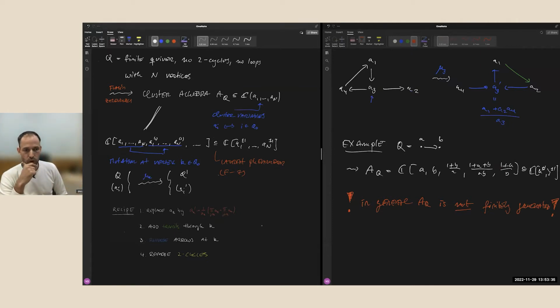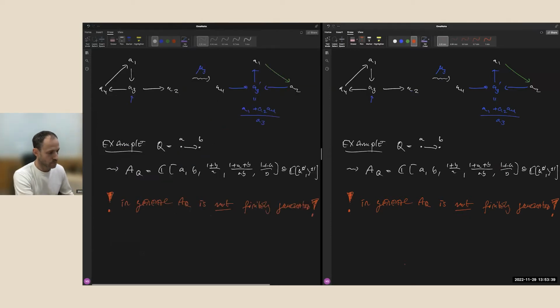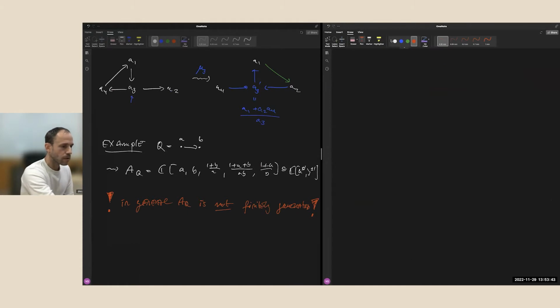There is, however, a more relaxed notion of finiteness, due to Keller, based on the work of Gaiotto, Moore, and Neitzke on the physics side, which relies on the notion of reddening sequences.